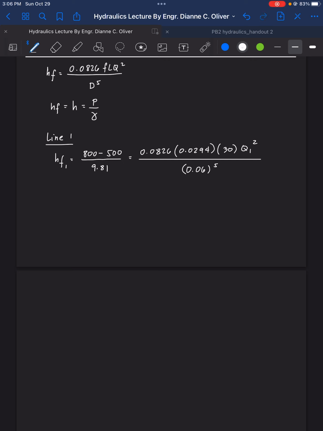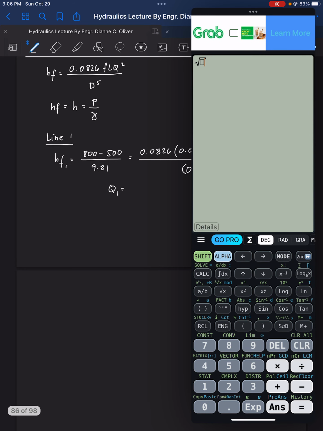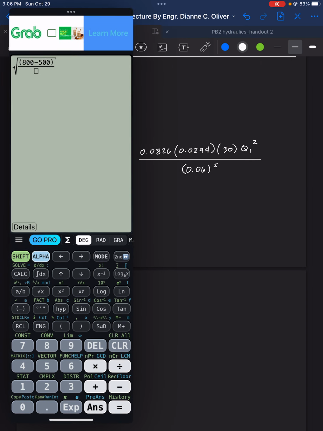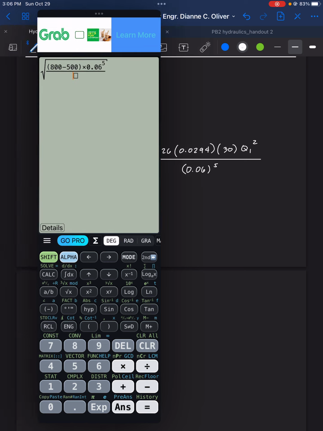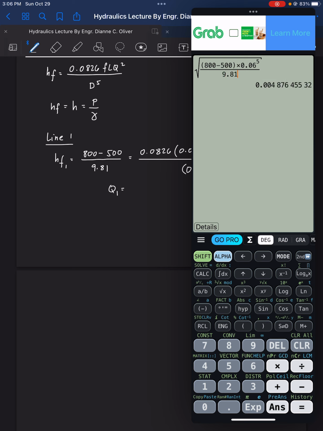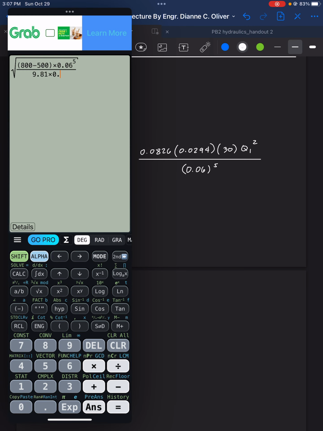So our Q1 is equal to the square root of 800 minus 500 times 0.06 raised to 5, all over 9.81 times 0.0826 times 0.0294 times 30.